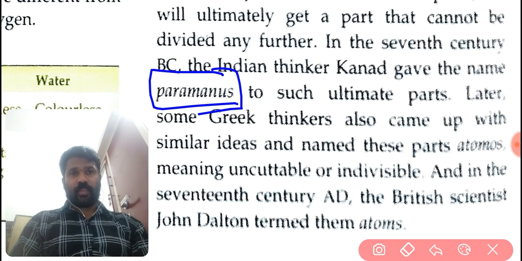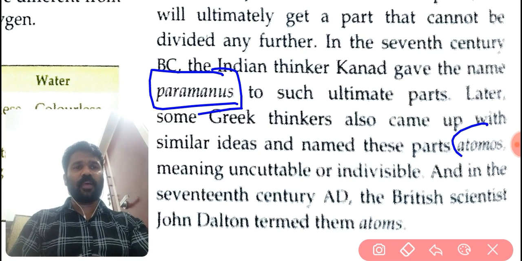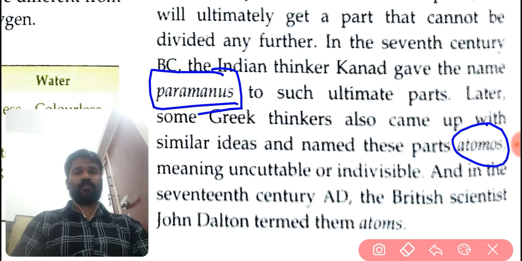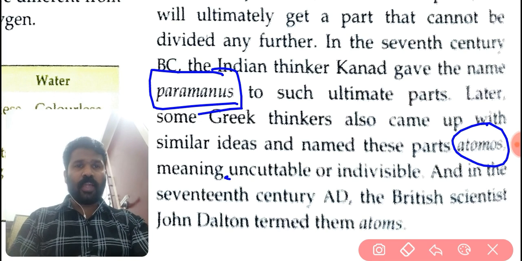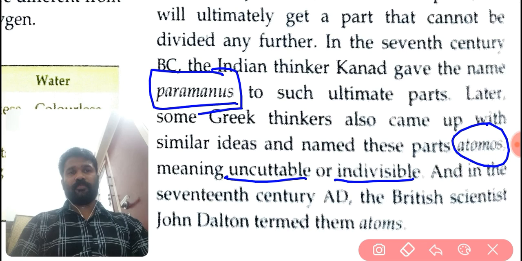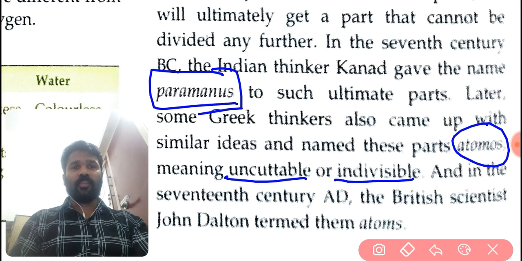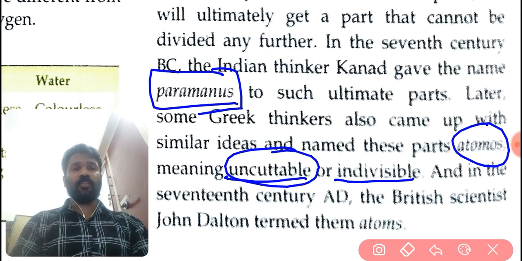Later, some Greek thinkers also came up with similar ideas and named those parts atomos, meaning uncuttable or indivisible.